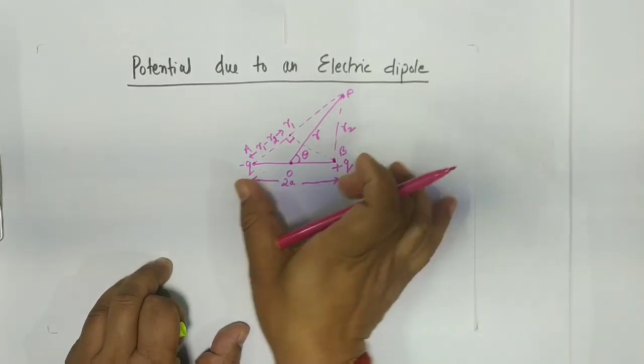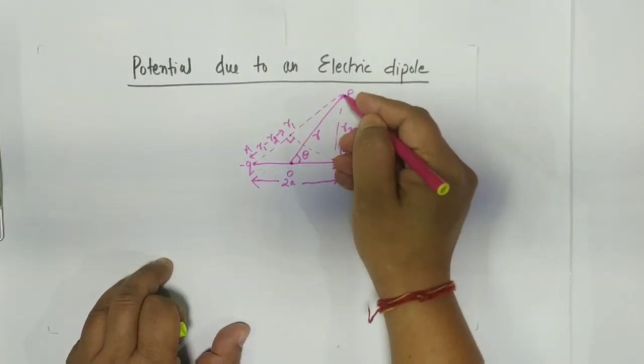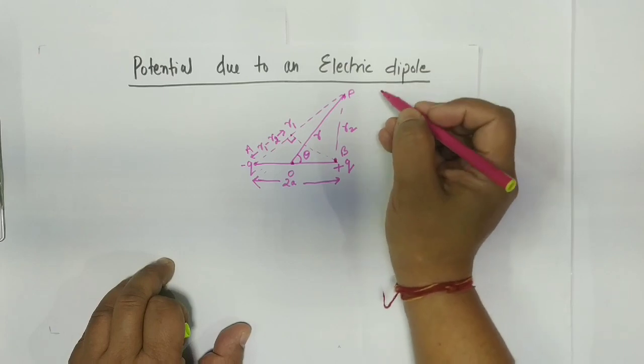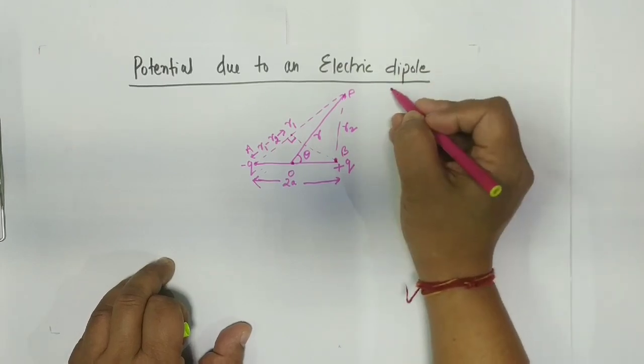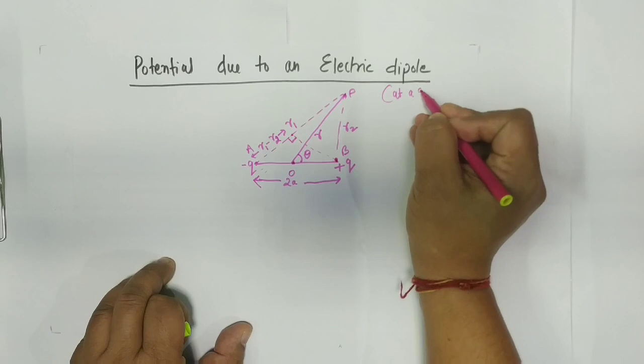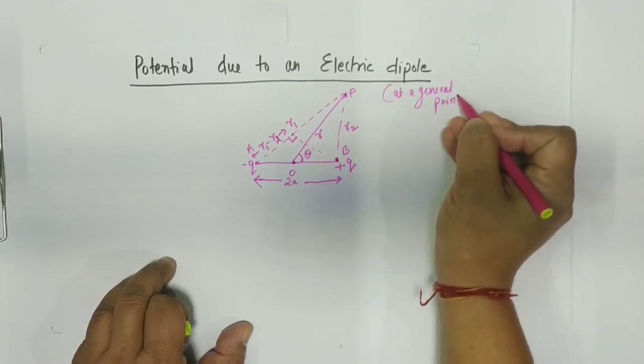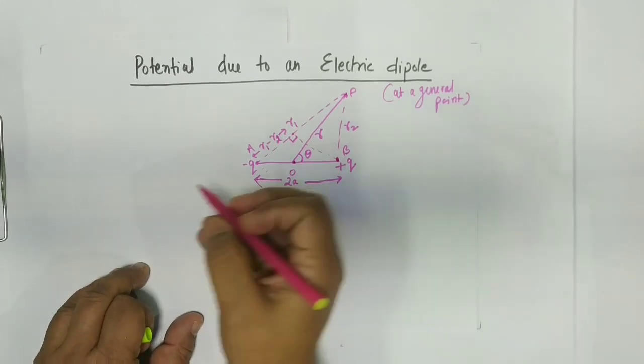Now this is a dipole and we are going to calculate the potential at a general point, not on any special line. Very simple, we can start.